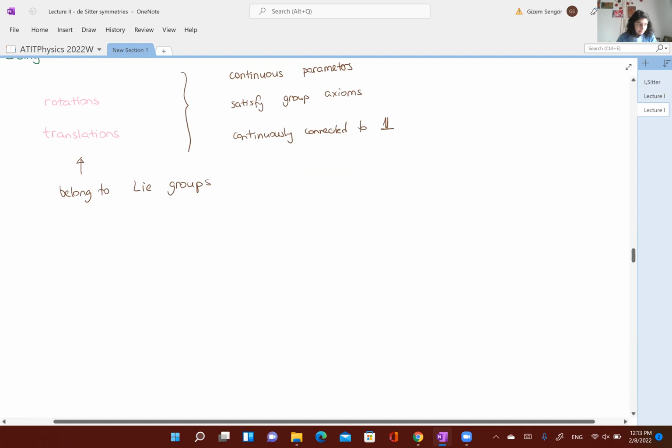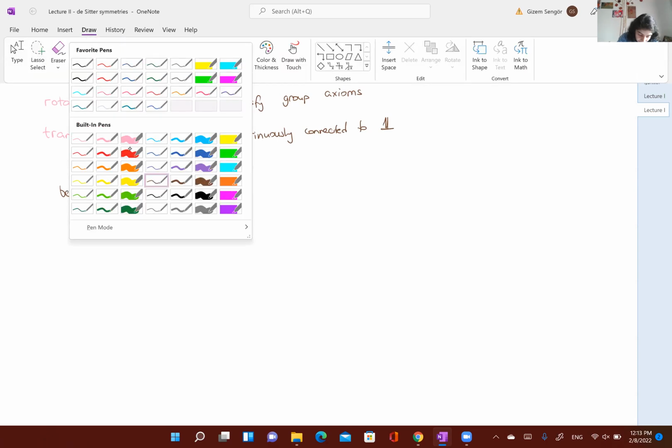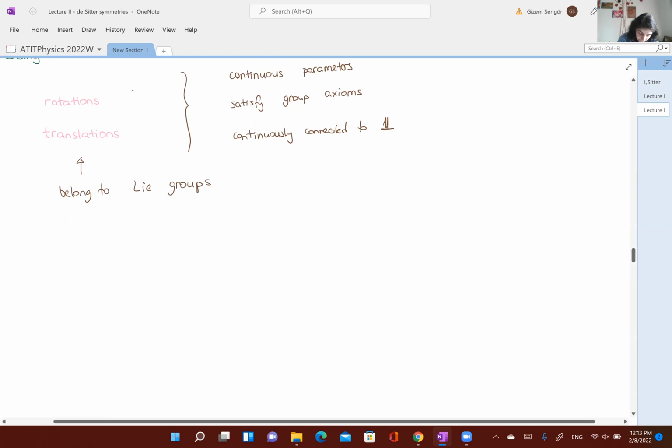Now, this Lie group has a name. Let's change colors. This is ISO plus 2. I think you can also see it denoted by E2, E for Euclidean. Now, what does this naming mean? O stands for orthogonal.